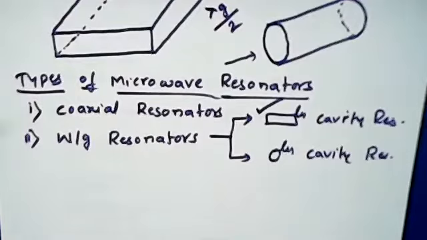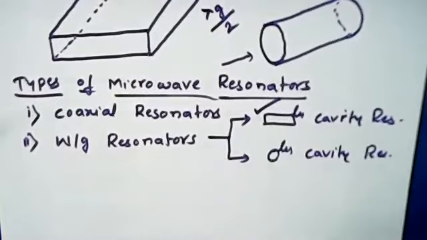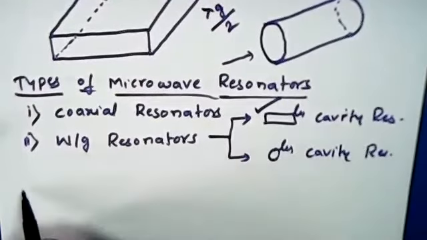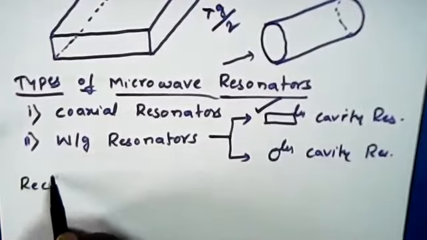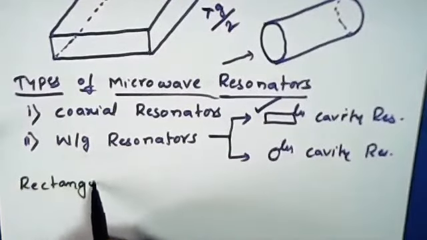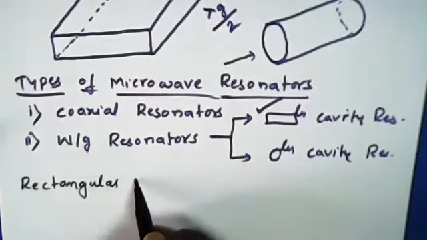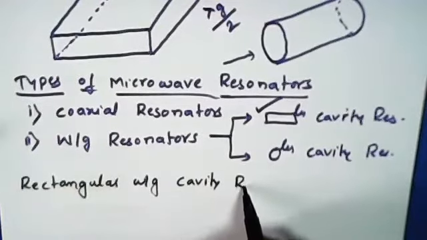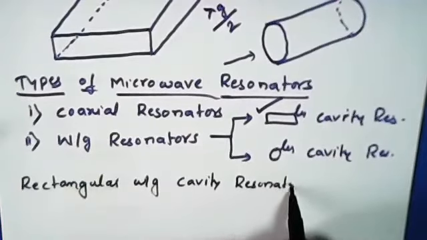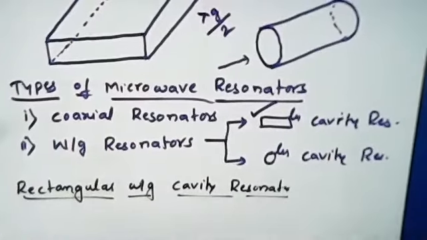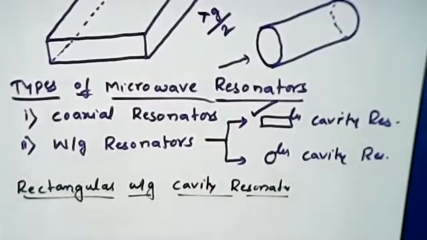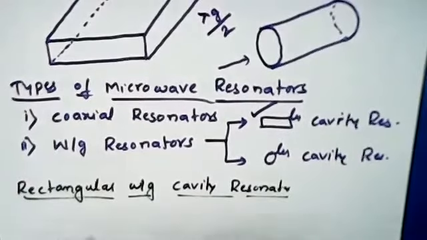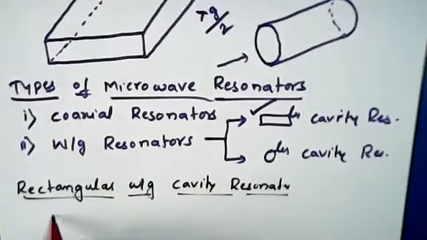First, let me explain the structure of the cavity resonator in more detail. Rectangular waveguide cavity resonator. Now we'll see the structure according to the wave propagation of this cavity resonator. This is the mode of propagation.